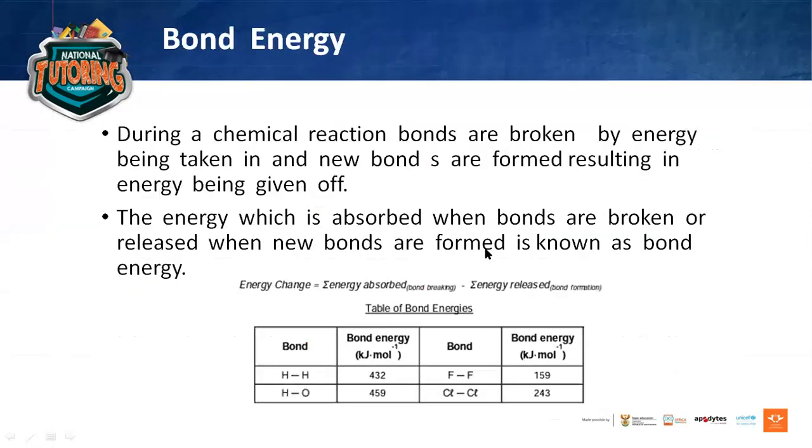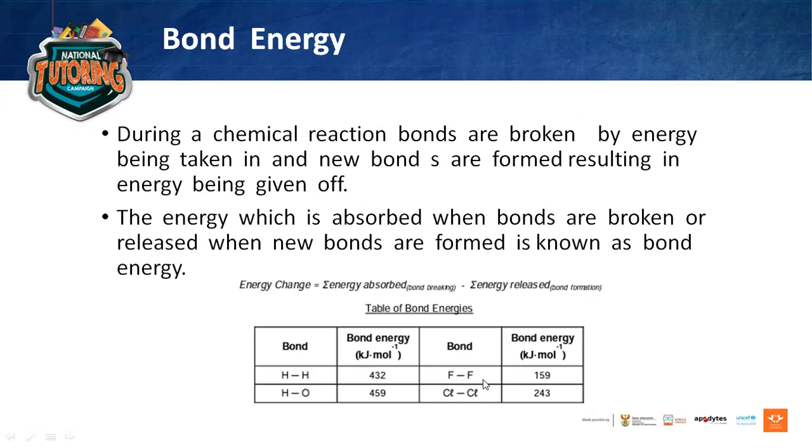Okay, so here we've got a table of bond energies. This table of bond energies shows basically the bonds that can be formed and the energy that is putting the bonds together. So for H2, we know that 432 is going to be the bond energy, but we also have others.